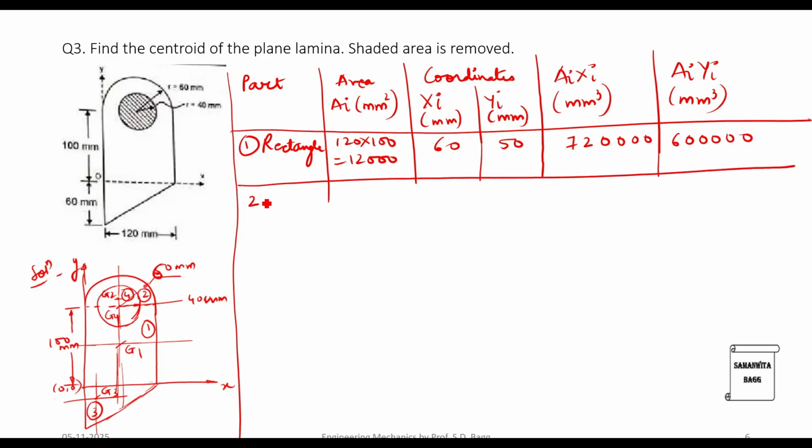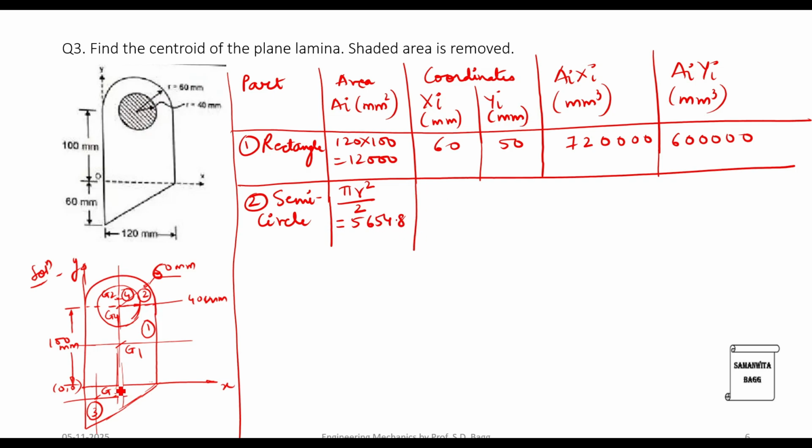Then we have the second shape, which is a semicircle, for which area is pi r square by 2, radius is 60. This value is 5654.8.